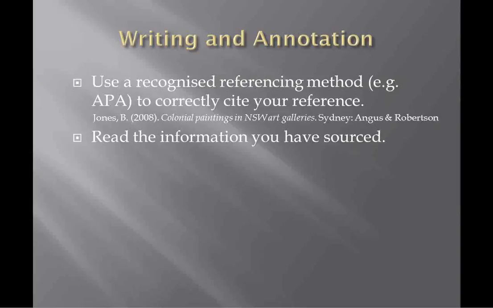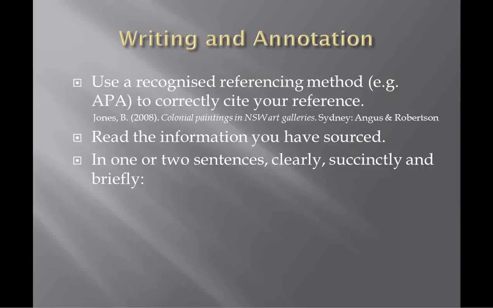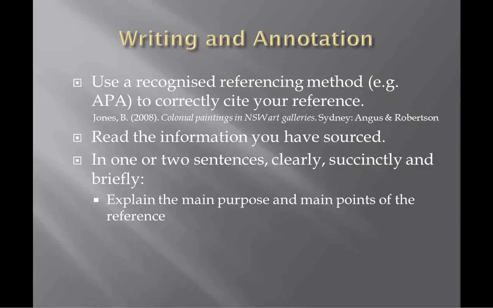Read the information you have sourced. It may seem fairly simple, it may seem logical and natural, but you'd be amazed that some students still try to compile an annotated bibliography without reading the references they've collected. In one or two sentences, clearly, succinctly, and briefly, explain the main purpose and main points of the reference.